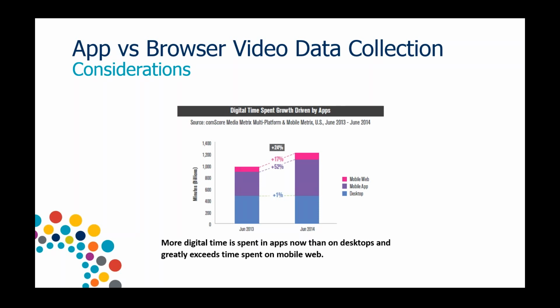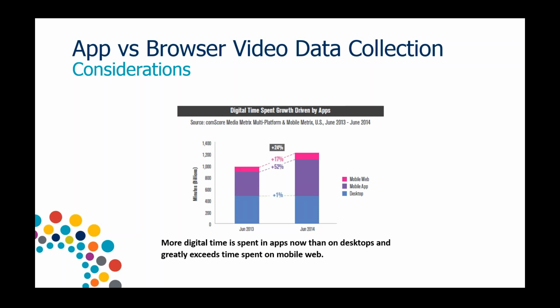What we're trying to do with this slide is to educate our customers that respondents don't have an issue installing an app on their devices and participating in these mobile video data collection projects. So when you hear companies say that a web page interface that's HTML5 compliant is a much better solution because people won't download and install the app, that is completely untrue.